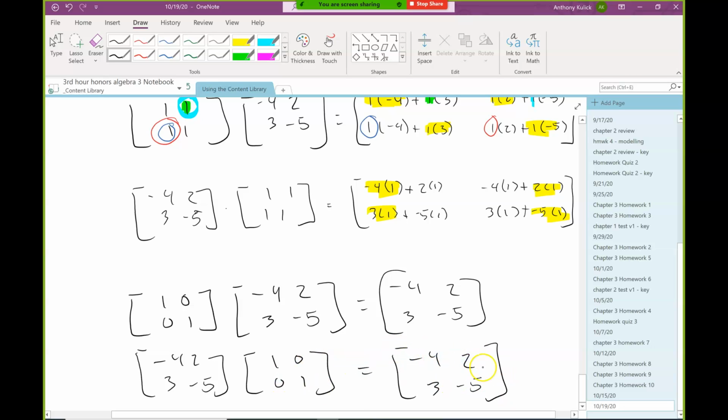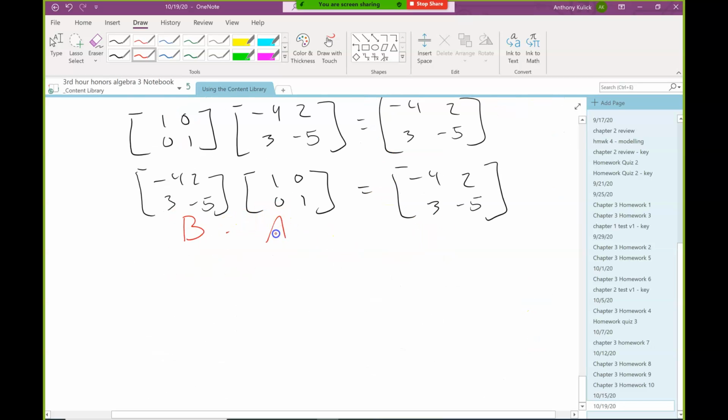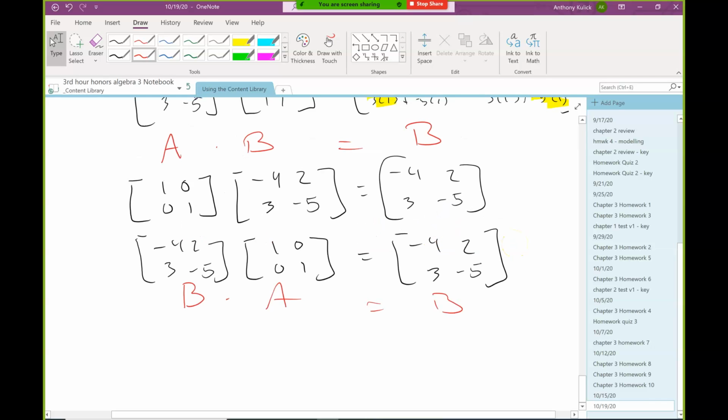Yeah, that basically had A times B is equal to B, and B times A is equal to B. That's what we noticed, right? Well, we have a special name when that happens, right? What is this matrix A kind of acting like? What real number is this matrix A acting like? The number 1, right? So that has a name. That's called the multiplicative identity.